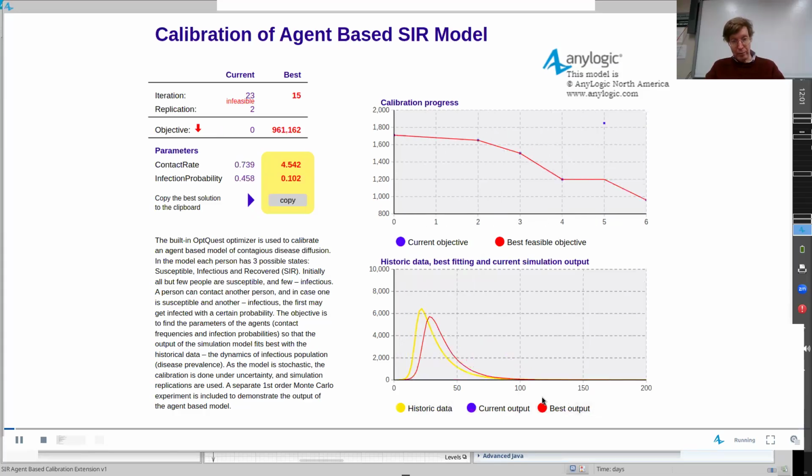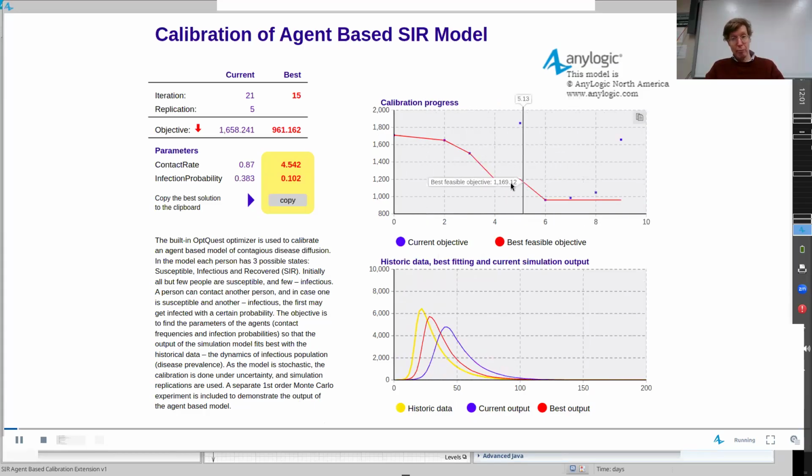You'll notice it completing successive attempts, successive realizations, but those are influenced by stochastics, not merely parameter values. You'll notice, however, it is making progress by and large in terms of bringing down the objective function.